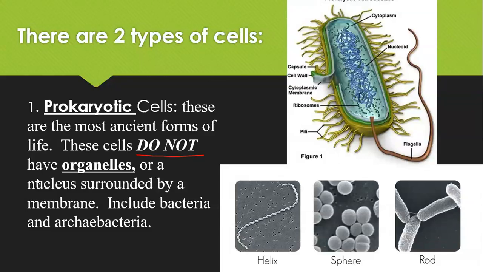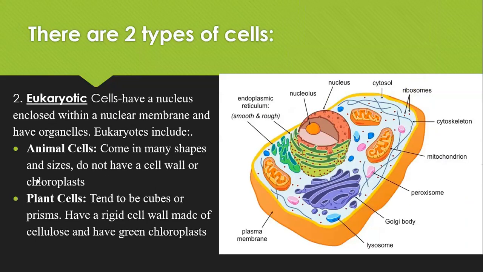The second type of cell, and this is the cell that you are probably more familiar with, is called a eukaryote. Eukaryotes have a nucleus, and eukaryotes have organelles. If you did a cell project in junior high school, it would have been to build a eukaryote.